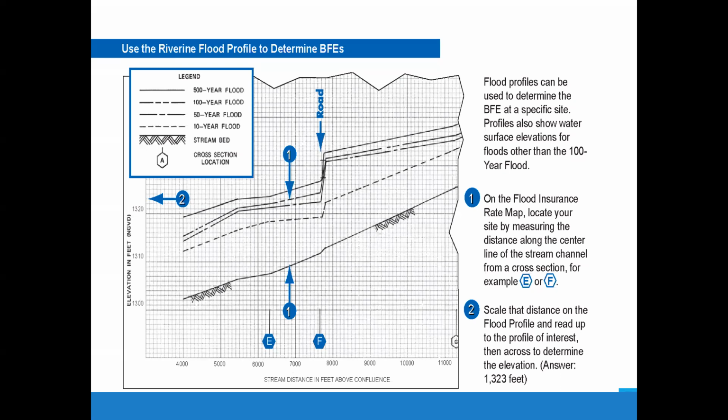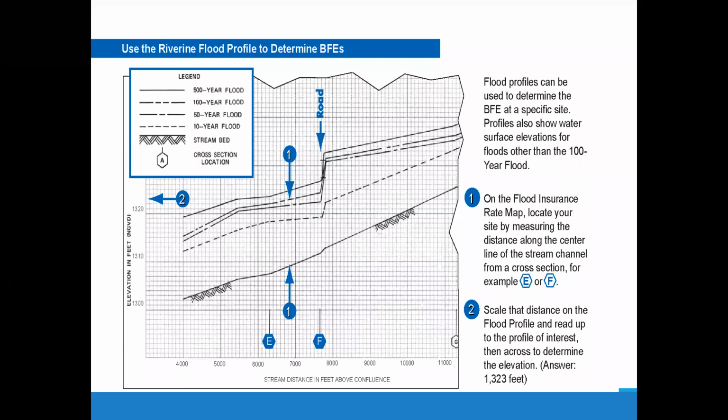Then you come back to this book, open up this page of the profile of the stream channel, and you'd make a similar ratio there. Then you would measure up to where you find your 1% chance flood line. Take that straight across to point number 2 over there at the left. And on the left-hand side of this profile table, you can see numbers like 1300, 1310, 1320.